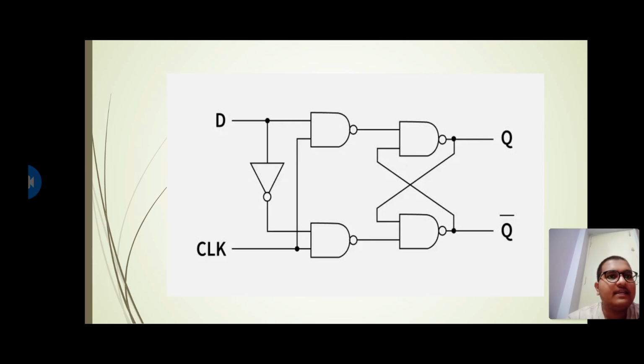The first NAND gate output is connected directly to the third NAND gate input, and the second NAND gate output is connected to the fourth NAND gate input. The third and fourth NAND gate outputs are connected in reverse: the third NAND gate output is connected to the fourth NAND gate input, and the fourth NAND gate output is connected to the third NAND gate input, and both result in outputs Q and Q bar, which are complements of each other.